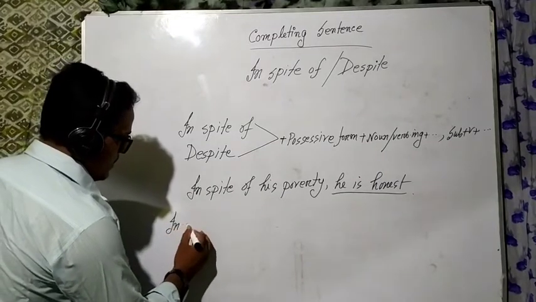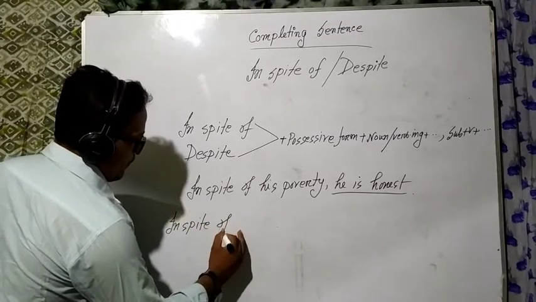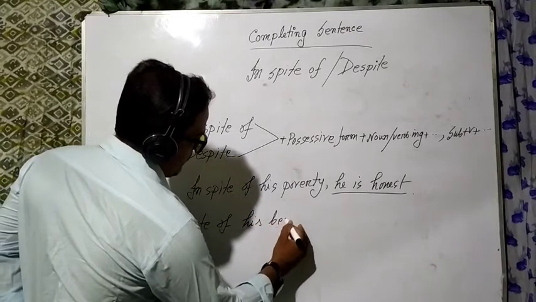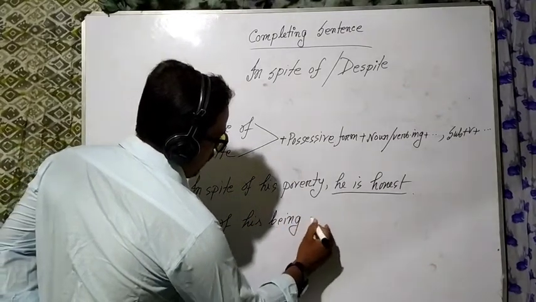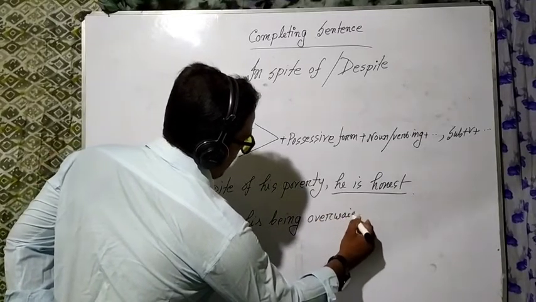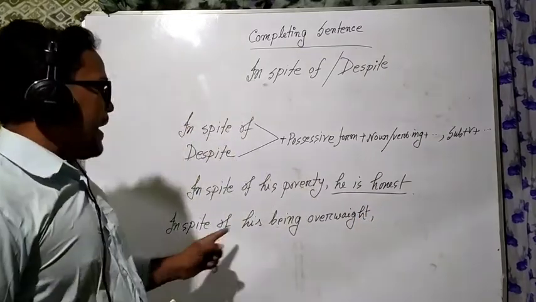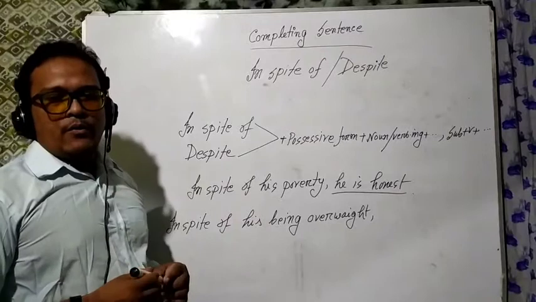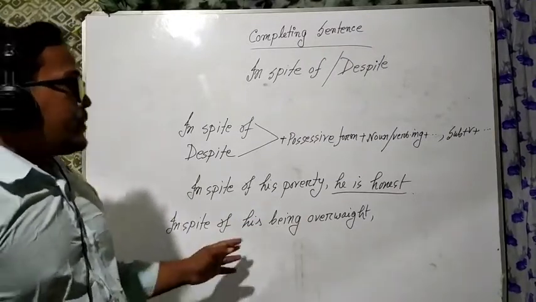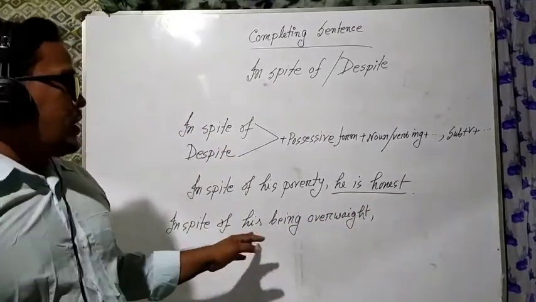In spite of his being overweight. In spite of his being overweight, what will be the another part of the clause? In spite of his, try to understand the meaning.